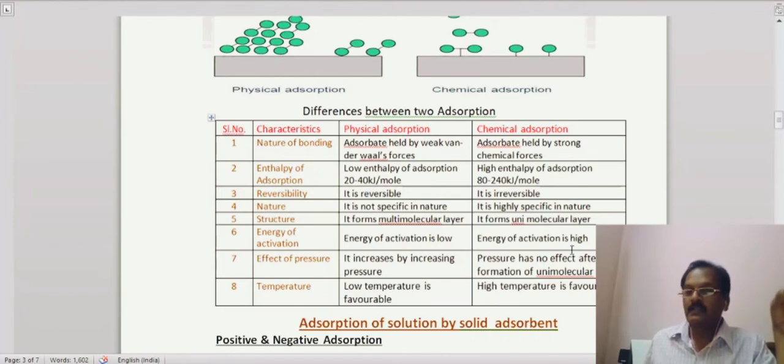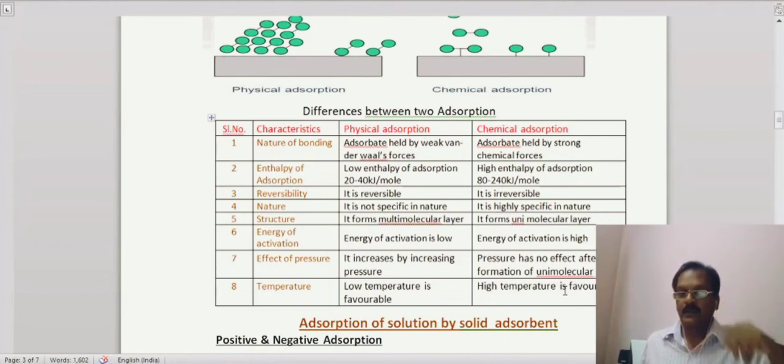Whereas the energy of activation for chemical adsorption is very high. Therefore, when you increase the temperature, the energy of the molecules goes up, and more and more molecules get activated. So high temperature is required, and it favors chemical adsorption on the surface of the adsorbent. So these are the important differences between physical adsorption and chemical adsorption.